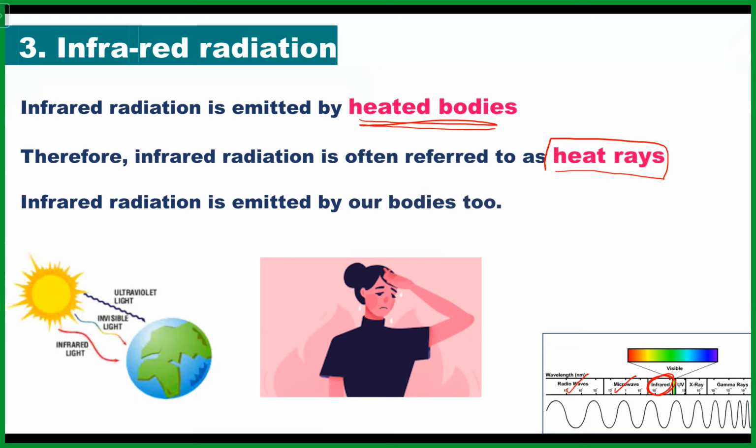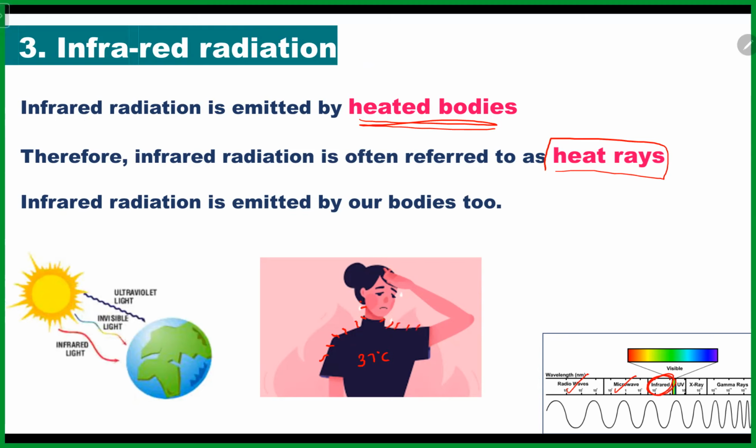You see, our bodies have quite a high internal temperature, right? Usually the internal temperature of a human body is roughly about 37 Celsius. So we can consider ourselves as a heated body as well. And our body too releases infrared radiation, which we commonly refer to as our body heat, right?